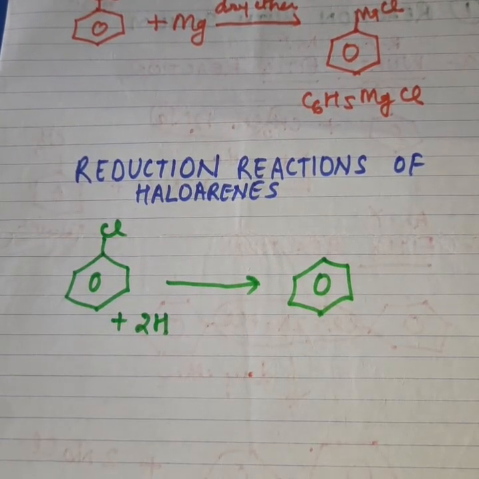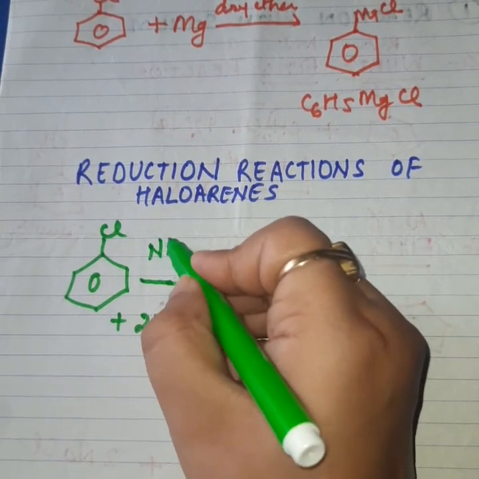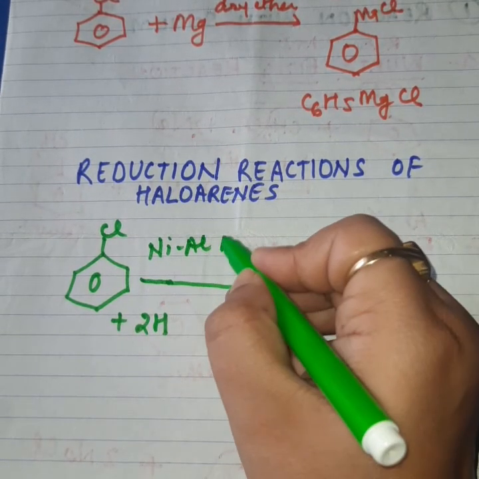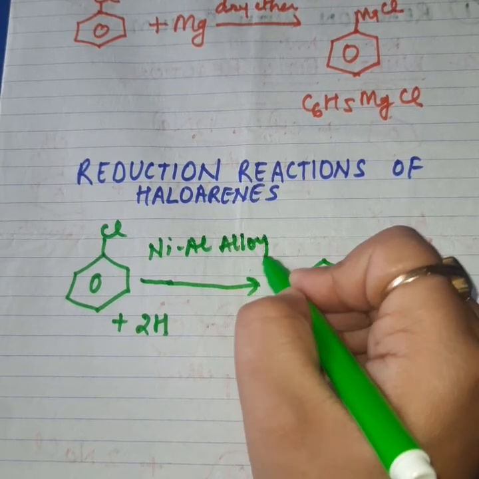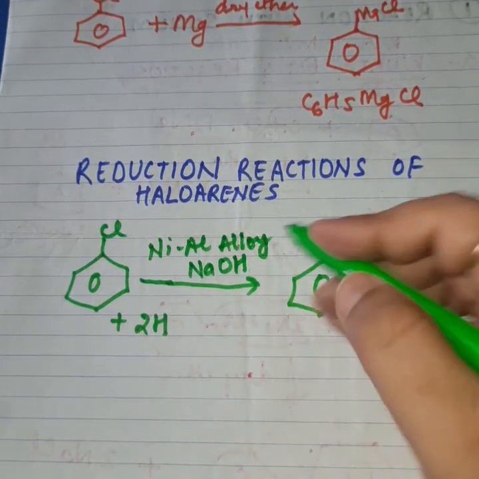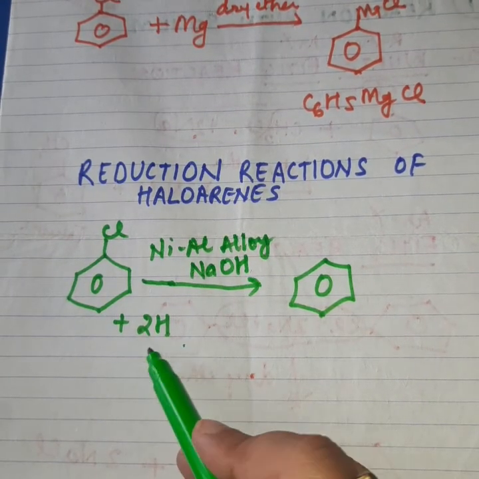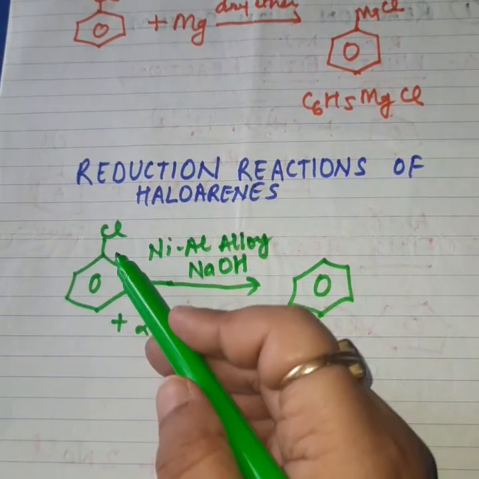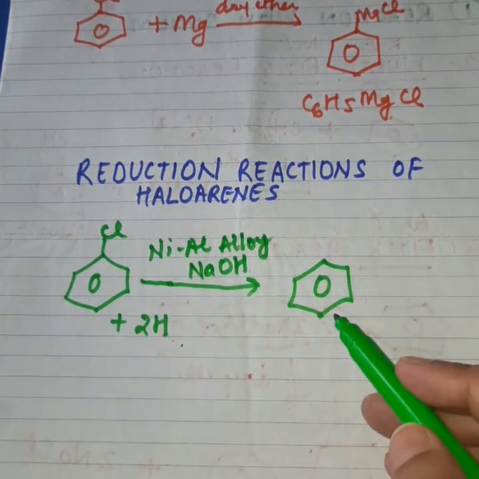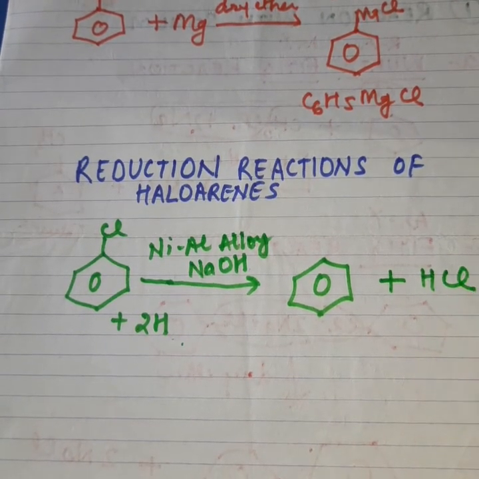The reducing agent is nickel aluminum alloy in the presence of alkali NaOH. This combination generates nascent hydrogen, and this nascent hydrogen reduces haloarene into the respective aromatic hydrocarbon along with the formation of HCl.